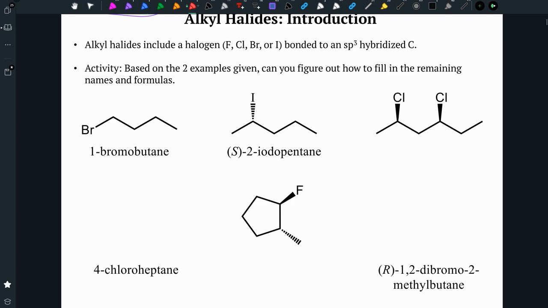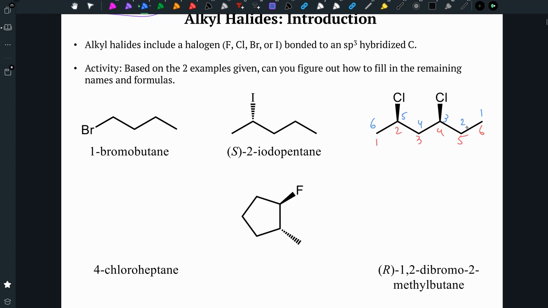All right, so remember for naming, you're always going to start by numbering your chain, making sure you find the longest carbon chain. So for this one, I have 1, 2, 3, 4, 5, 6 carbons. So I know this is going to be some sort of hexane. I could number it in the other direction, but if I number in the other direction with the blue numbers, then my numbers will be 3 and 5 rather than 2 and 4.